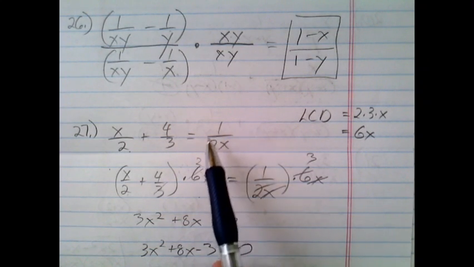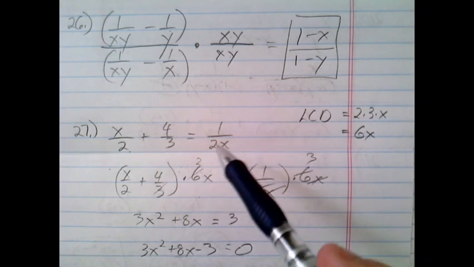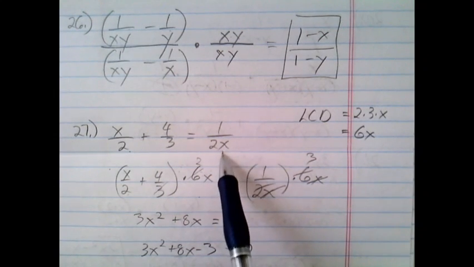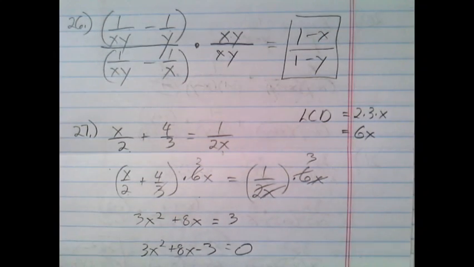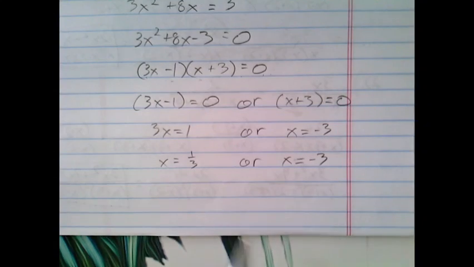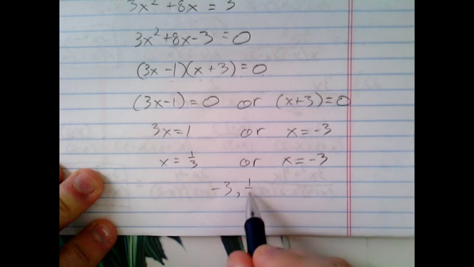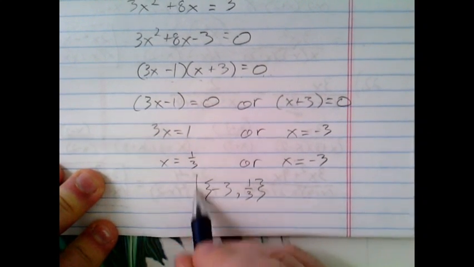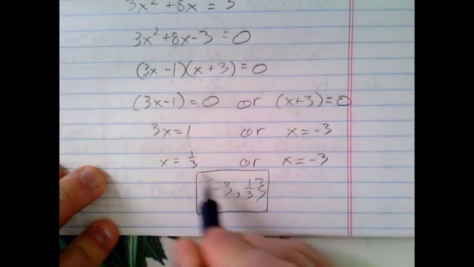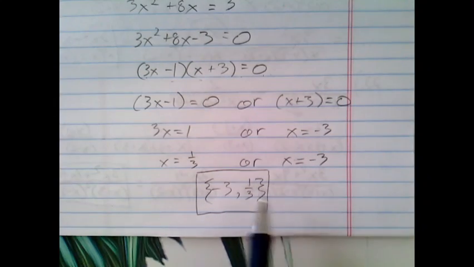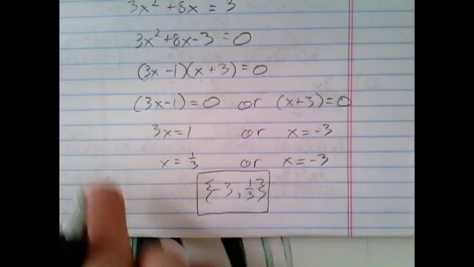Well, the only thing that can make a denominator in the original equation 0 would be 0 itself because of this denominator. Neither of my solutions come out to be 0, so I can keep them both. I'll write them in order, least to greatest, and put them in a discrete set and say that's my answer. There's my solution set. Alright, well that's it for 27.